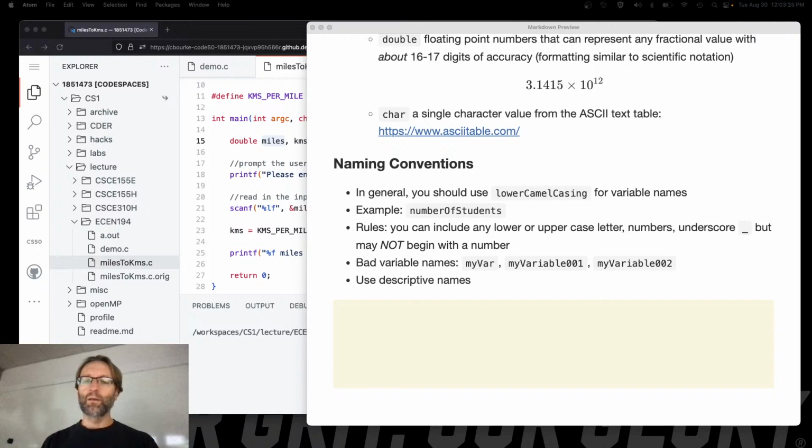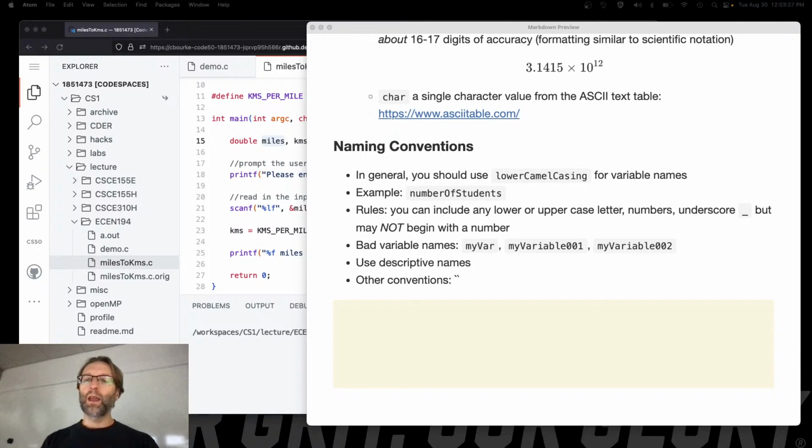Other conventions would be upper camel casing. The difference there is that the first letter of the first word is uppercased. Generally, we'll use this much later on when we cover structures, when you name user-defined types. Another convention would be lower underscore casing.